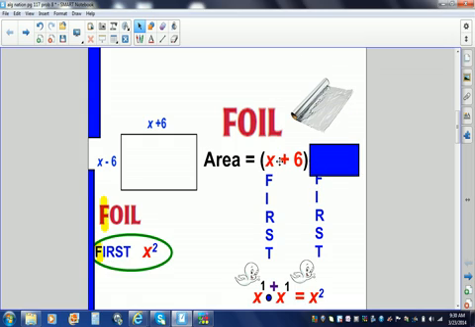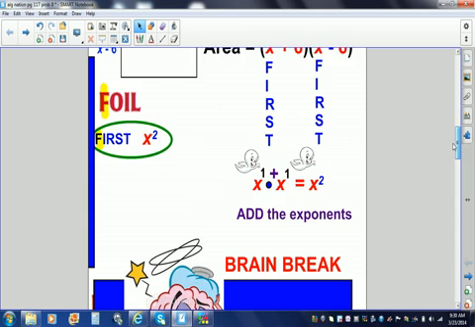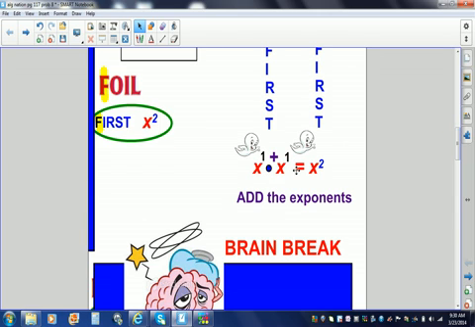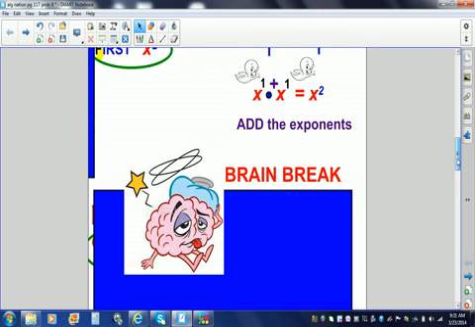So I am going to do the first term here in the parentheses, which would be x, times the first term in the second set of parentheses, which would also happen to be x. So F stands for first. I'm going to do x times x. We went over that above. X times x would be x squared. I add the exponents. Are you ready for a brain break?